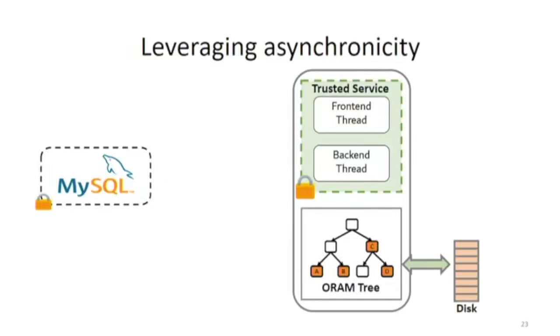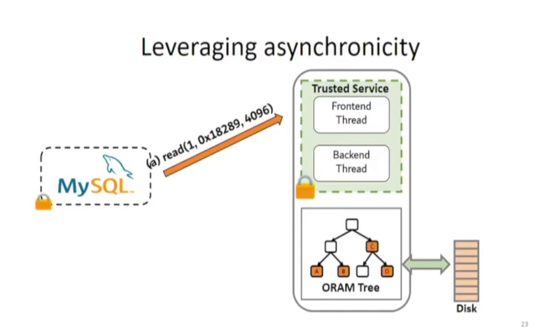Another performance improvement that we thought about was to leverage asynchronicity. Let's suppose you have a database application that says, okay, I need to read this certain file at this certain offset, and it sends it to Obliviate, our file system. Within the file system, we use two threads.